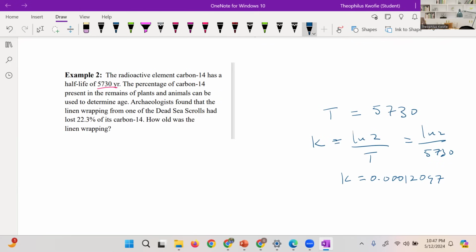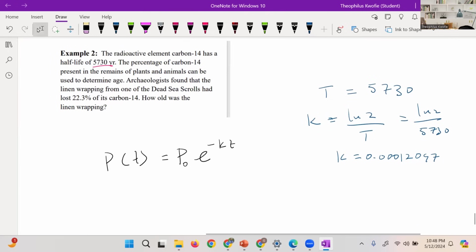Now, remember that when we were looking at the exponential growth rate, we said that such problems can have their solution in this form. If you could recall, we had it this way, right?